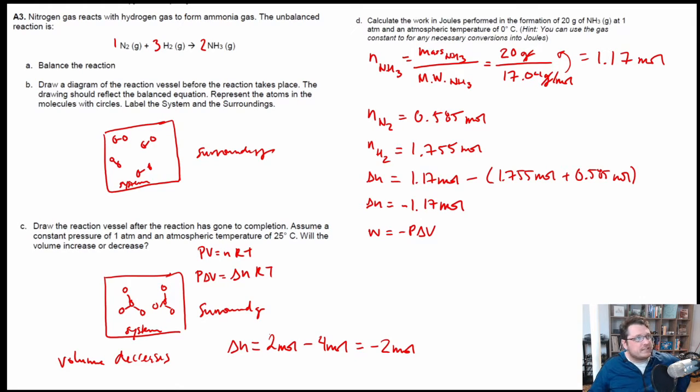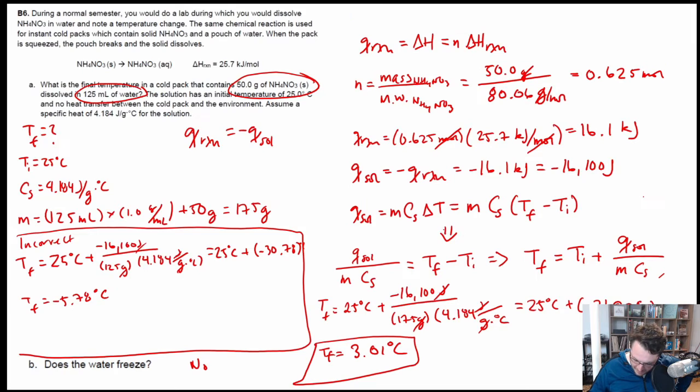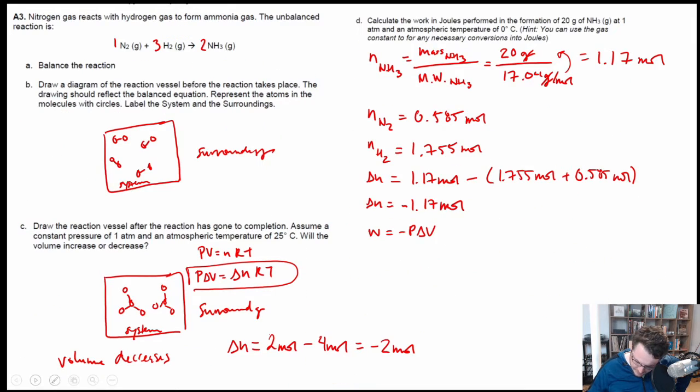We can just simply use our delta N values in those cases. Because we already have that relationship that we had developed, where we know that P delta V is equal to delta N RT, we can just plug that into our work equation. So now what we have is negative delta N RT. So that works just as well in this case, and we've already calculated what delta N is.